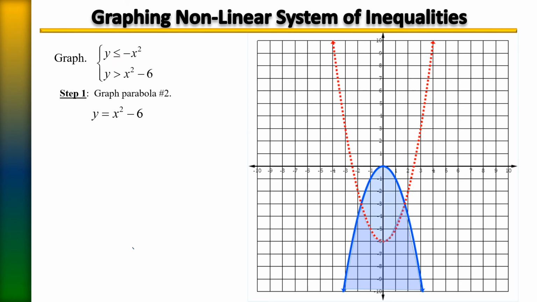Now with the parabola of our second graph, we need to determine, are we going to shade the upper part or the inner part of the parabola, or are we going to shade the outer or the lower part of the parabola? Well, actually we can use the boundary method.